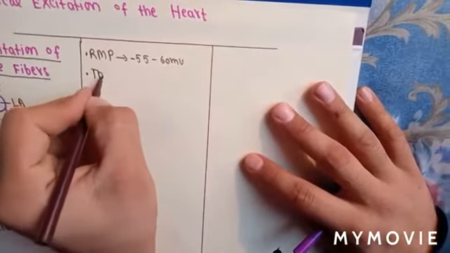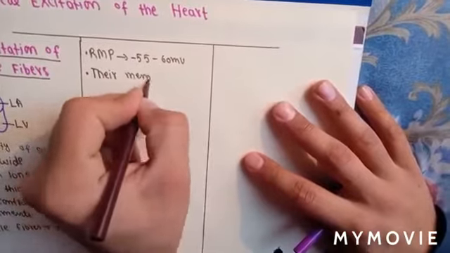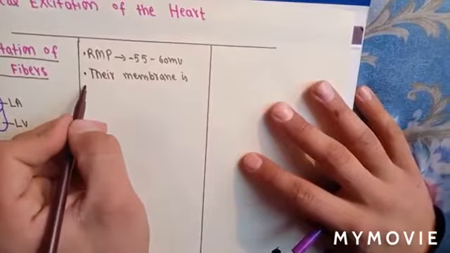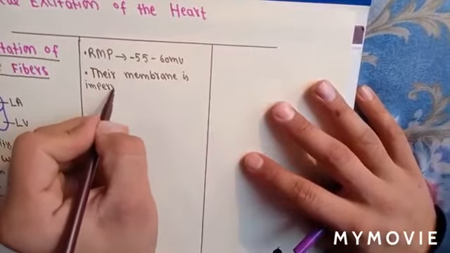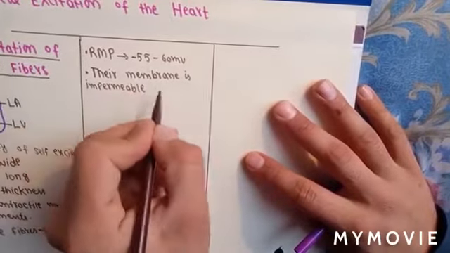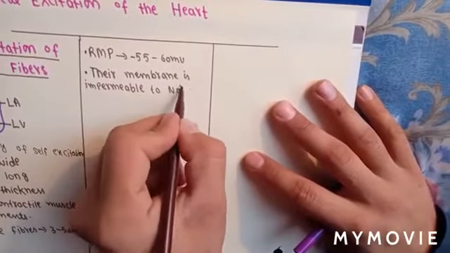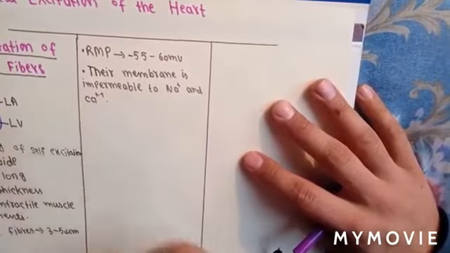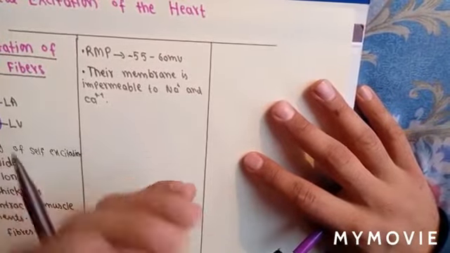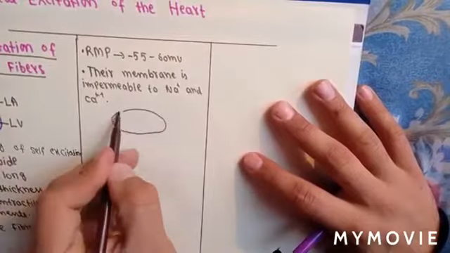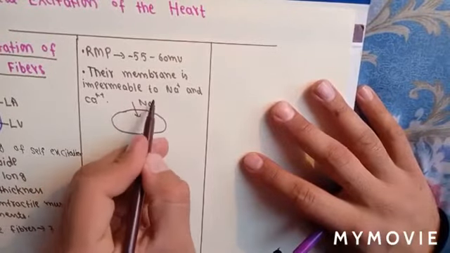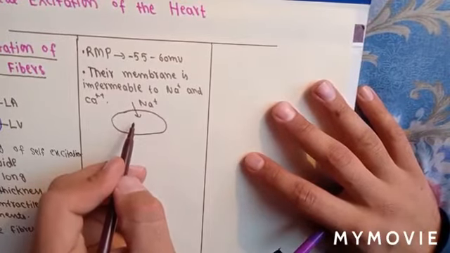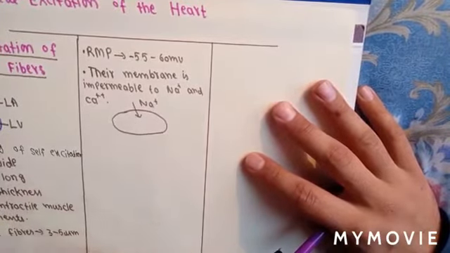So what actually happens? Sodium and calcium ions move inside the cell. This is an SA node cell. Sodium ion will move inside the cell, similarly calcium ion too. So the resting state will become -60 or -55 millivolt.